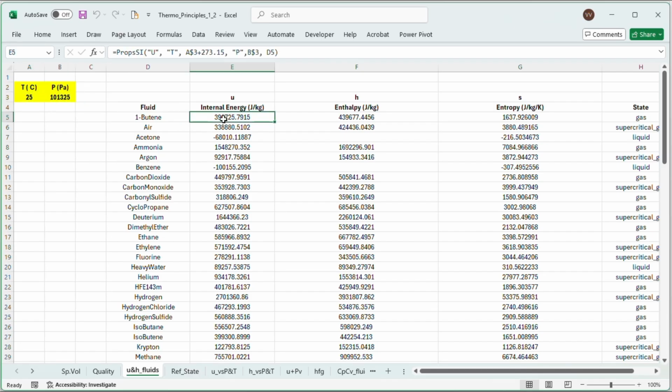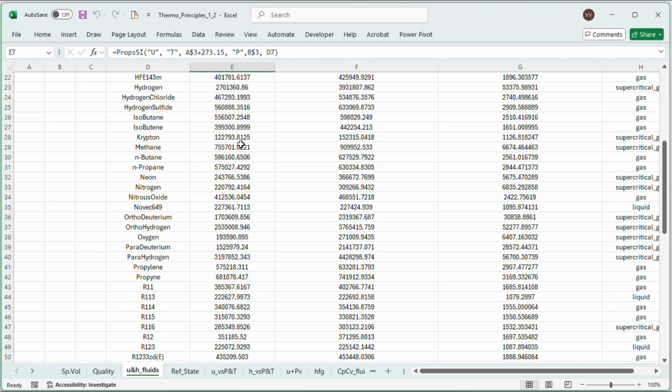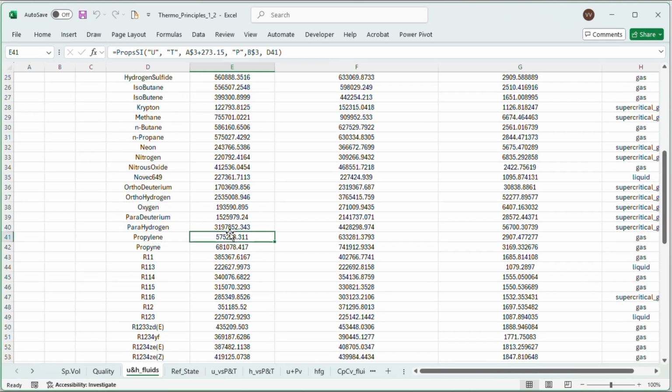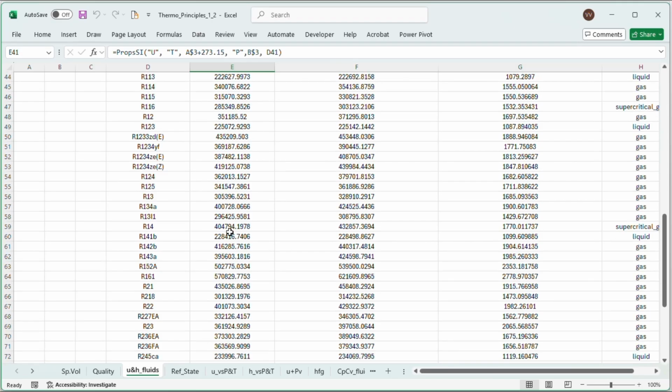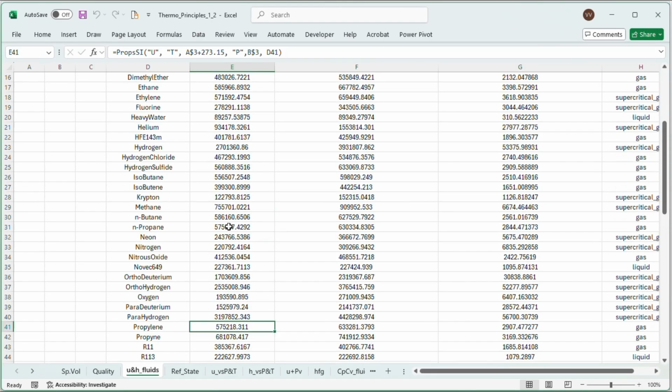You can see different fluids have different numbers. Some of them even have negative numbers. That kind of makes it confusing. How can the energy be negative? We'll explain that in a little bit. But you can see that there's a wide range of numbers here. Some numbers are really big, some are really small, some are negative.